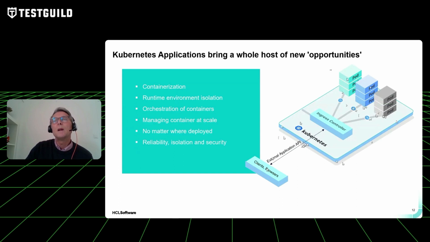So all the API interactions that we have to do with those internal services go through this ingress controller, which typically is there in a Kubernetes environment. Call it an egress controller, or we can call it a gateway, it doesn't matter.